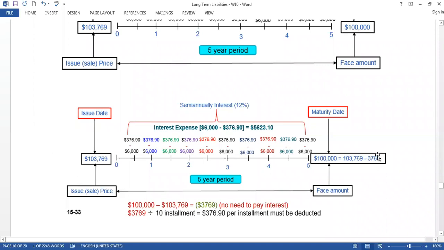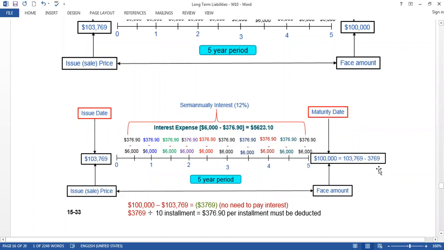You need not pay means that your interest expense is going to decrease. Look here, your interest expense is 6,000, 6,000, 6,000 for every installment, but we are going to deduct something from our interest expense. So this money we need not pay. It is good news. It is our gain, one kind of gain, okay? And we are going to offset the gain with our expense. Anyway, so again, this 3769 is for how many years? For 5 years, right?